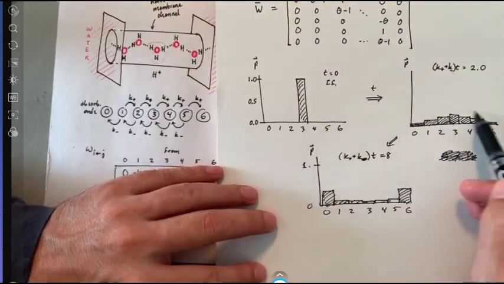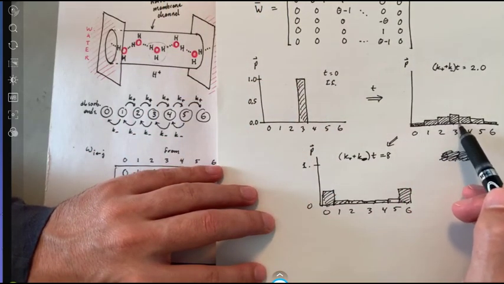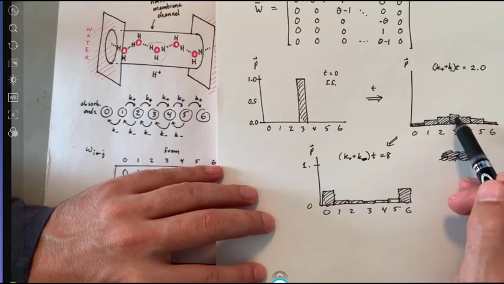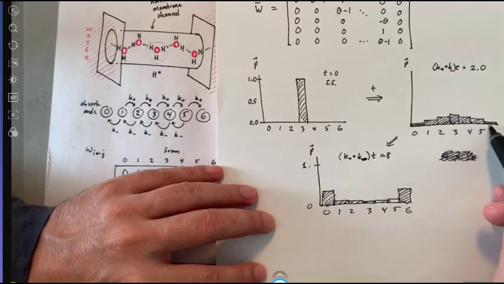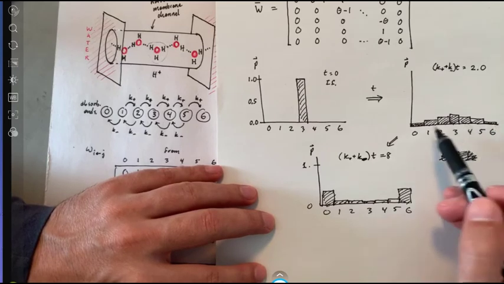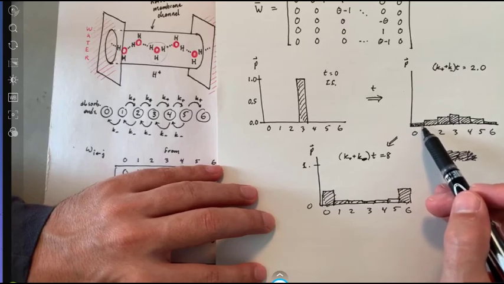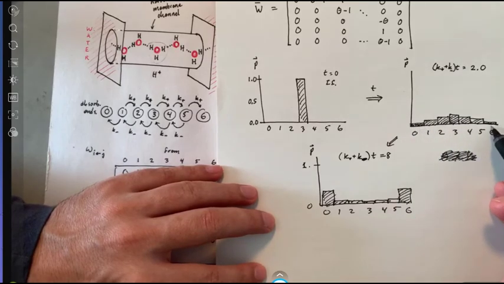There's probably a little bit of probability still sitting in state 3, but much of it has now dispersed out to other states along my pore, including some that has fallen into state 0 and 6, which will never come back.